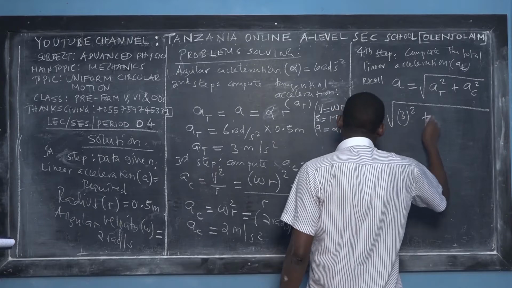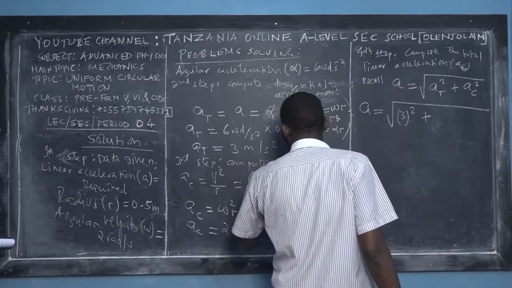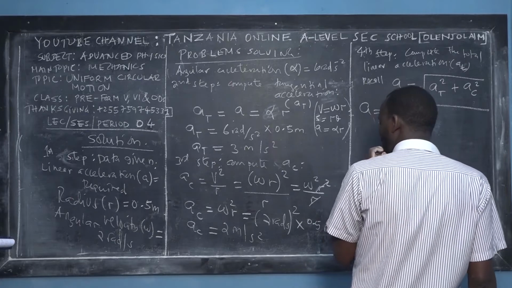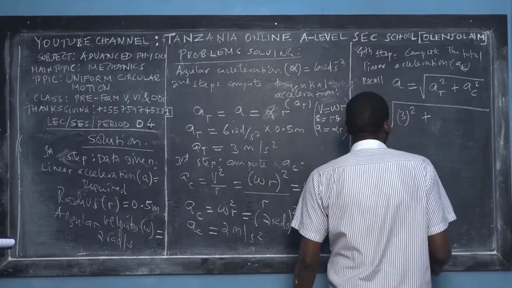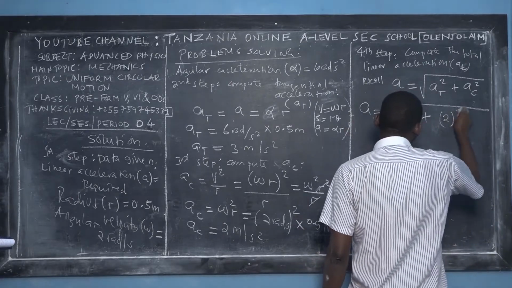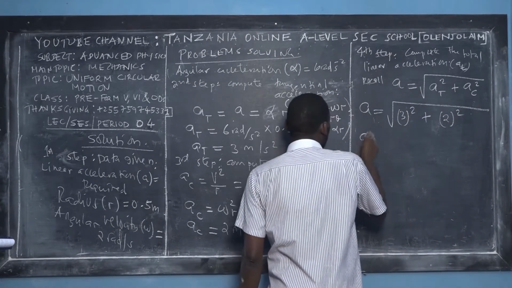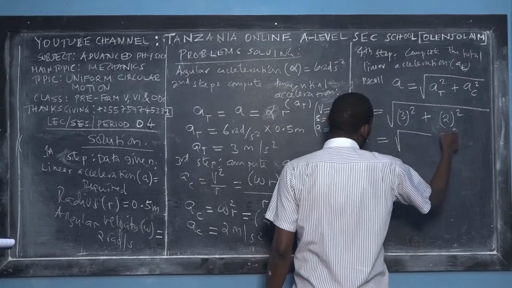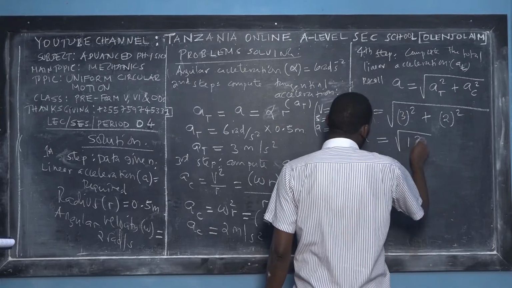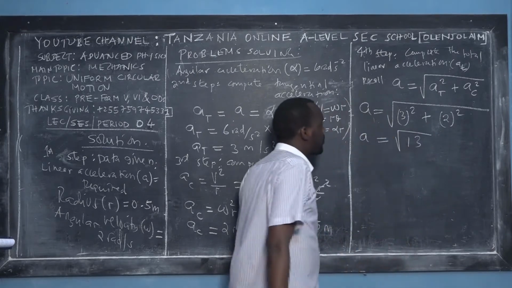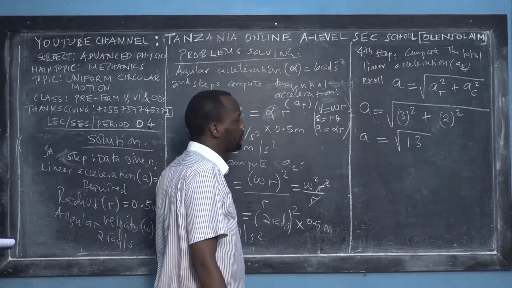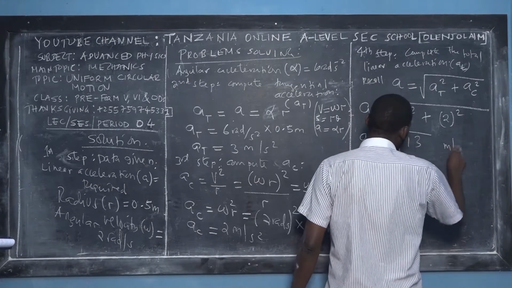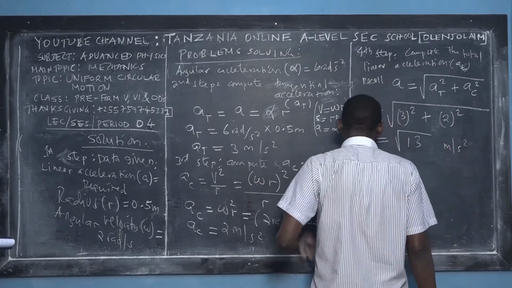Tangential acceleration, excuse me, not the velocity, is equal to 3 meters per second squared. And centripetal acceleration is equal to 2. So it is 9 plus 4, which is equal to 13. Now the square root of 13 meters per second squared.